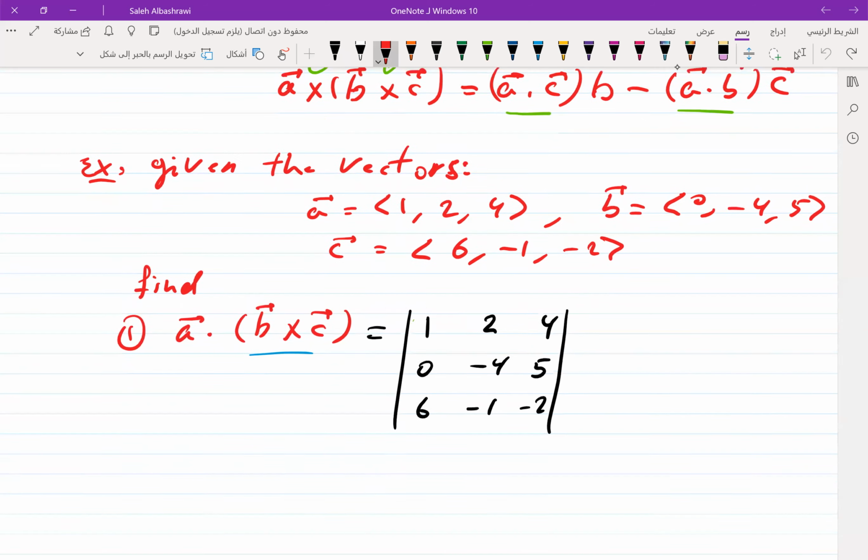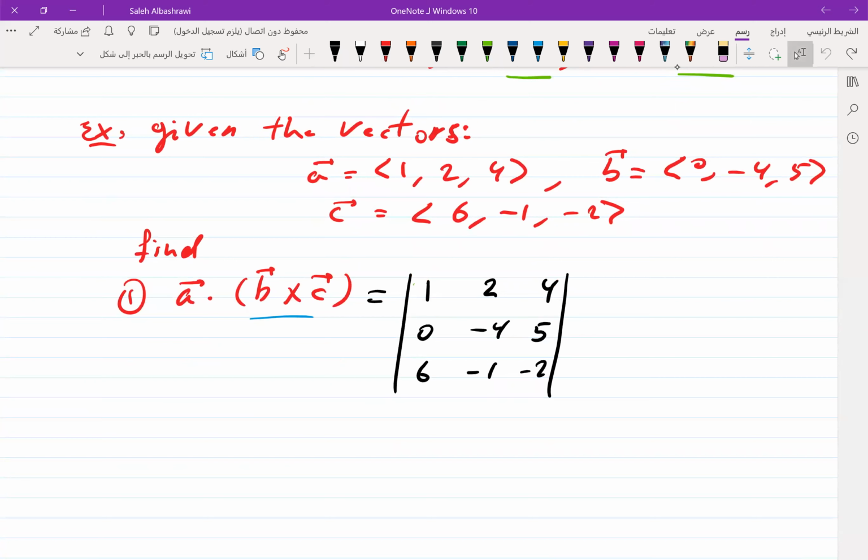I'm going to duplicate the first and the second column: 1, 0, and 6, then 2, minus 4, and minus 1. Now we move diagonally. These are positive signs.